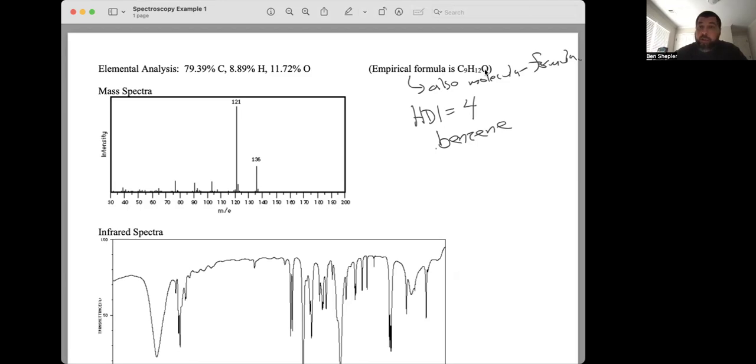And then in addition to getting my formula to match the formula I'm given, I'm also thinking about the degrees of unsaturation. I'm thinking, okay, have I accounted for all my degrees of unsaturation? And once I do, then I know I can't make any more rings or pi bonds. So when I see my HDI is exactly 4, I know I've got a benzene ring, but then that's it for rings and pi bonds.